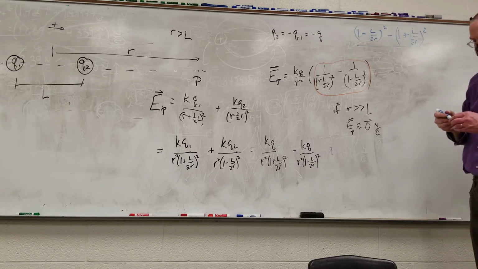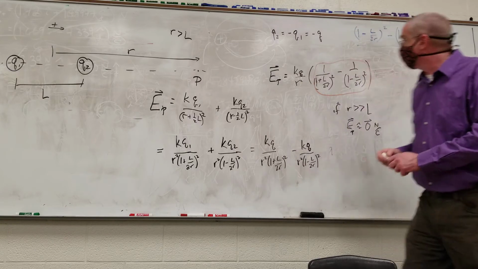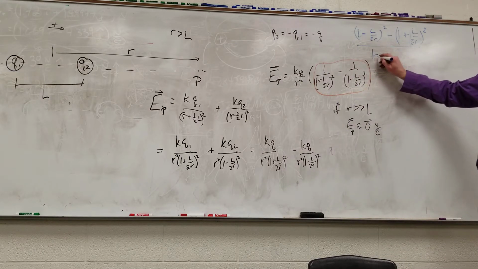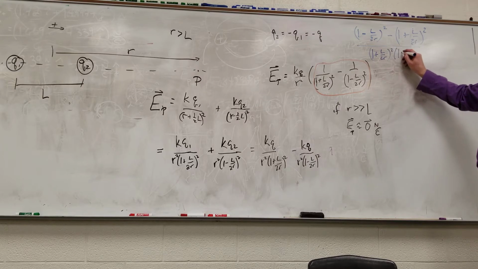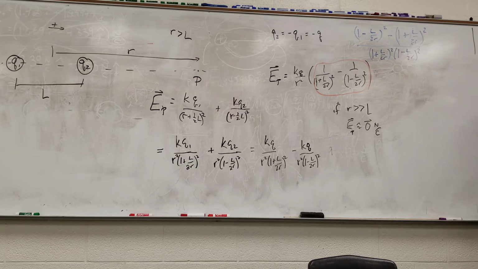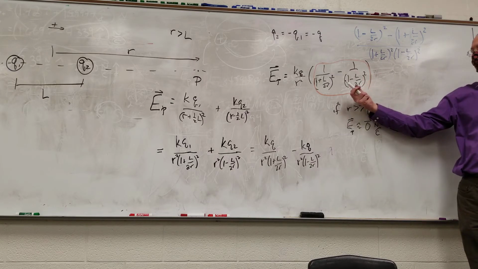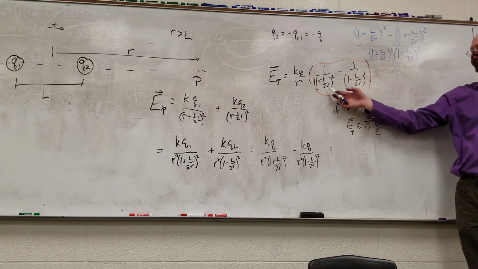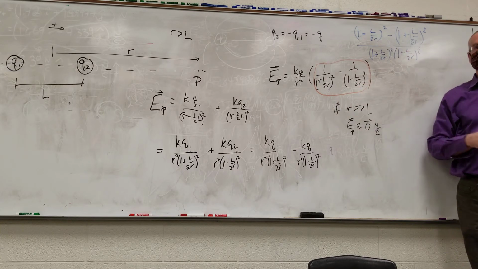Divided by, and blue is not the best choice there, 1 plus L over 2R squared, 1 minus L over 2R squared. So basically I got a common denominator. Multiply the left side by this denominator, multiply the right side by that denominator. Classic fraction stuff.